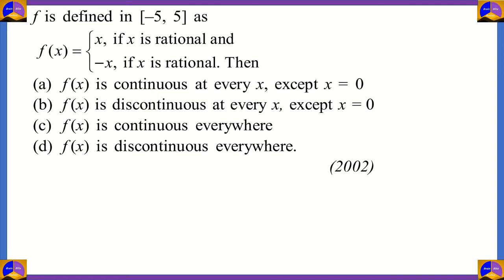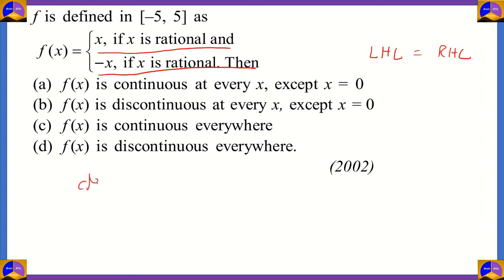So for continuity, the primary thing to note is that the left-hand limit for the function will be equal to the right-hand limit. So here, the left-hand limit is x if x is rational, and the right-hand side is minus x if x is irrational. So as you can see, for any x, there are two opposing values, which are x and minus x.